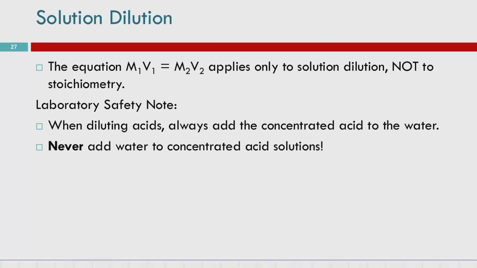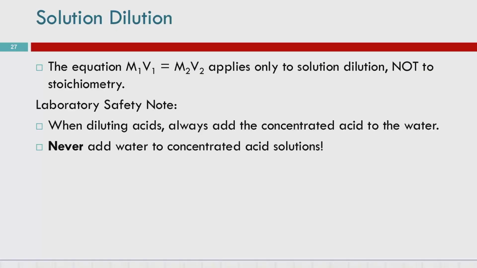Another lab safety note. Generally, when we're dealing with acids, the way that acids and water mix produces heat. And so when you're diluting acids, the acid part dissolving into the water is the part that produces the heat. If you add a little bit of water to a bunch of acid, that's going to cause that acid to go crazy and produce a lot of heat.